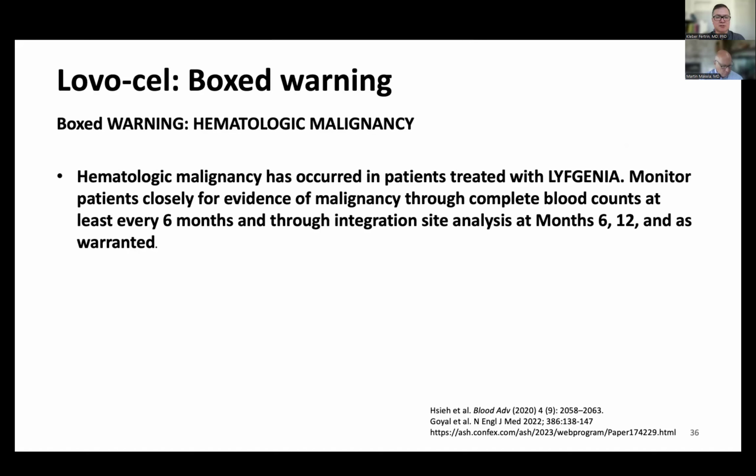So it's hard to say if these patients would have developed leukemia regardless of the treatment they received. But it is a fact that these patients did have that after the transplant. And while having leukemia after a transplant is a risk for any transplant, it's something that is concerning, and we need to monitor patients for many years after having gene therapy.